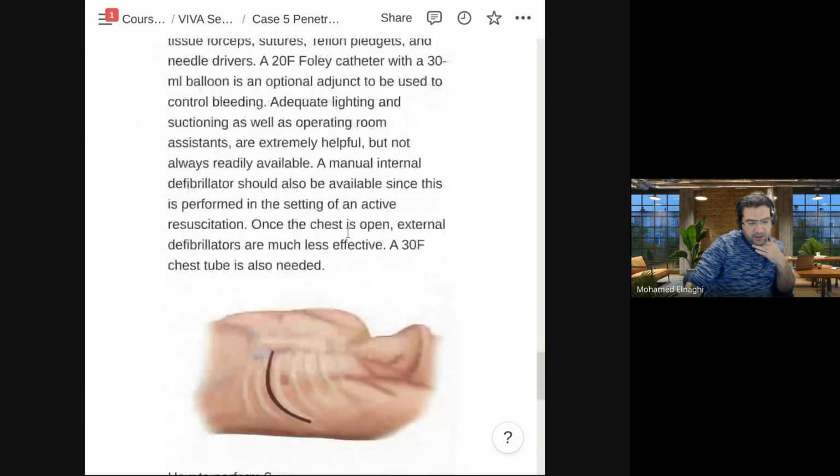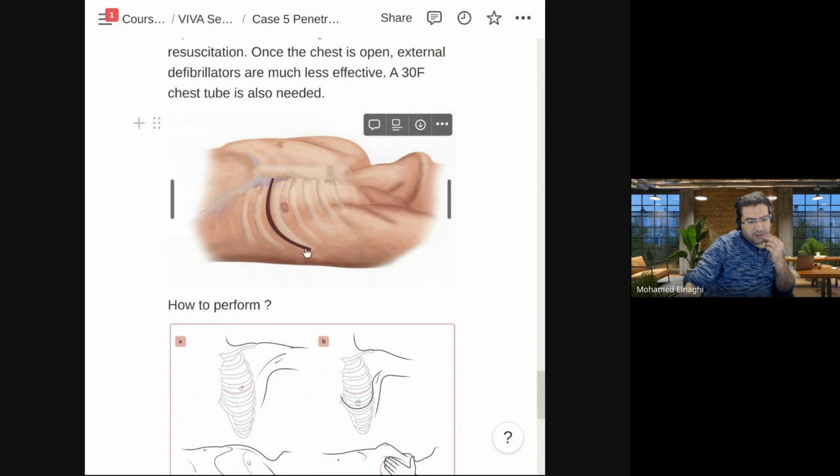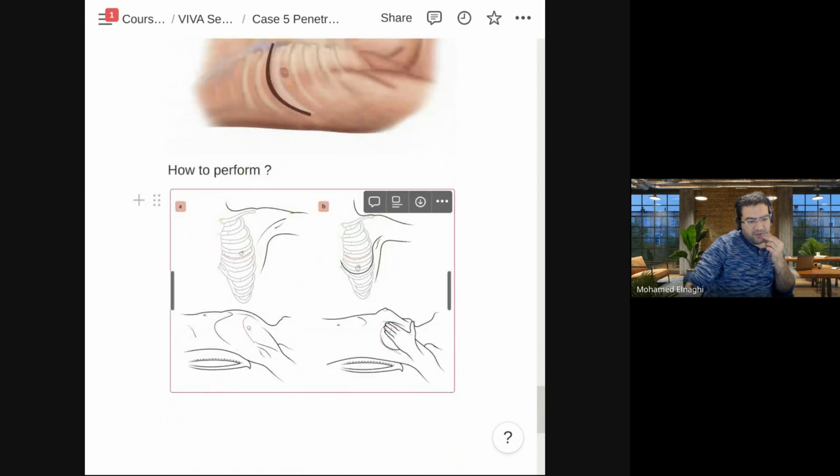Okay, so this is how you do the emergency resuscitative thoracotomy. You just do a left lateral thoracotomy at the fourth intercostal space, just underneath the nipple in a male patient, or underneath the mammary fold in a female patient.